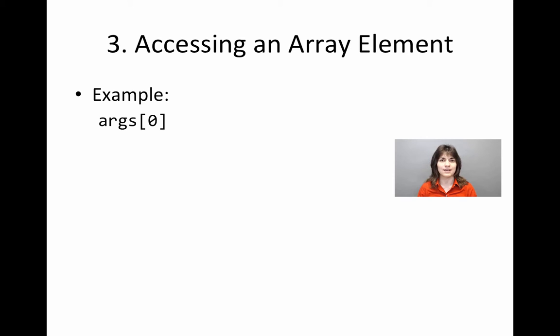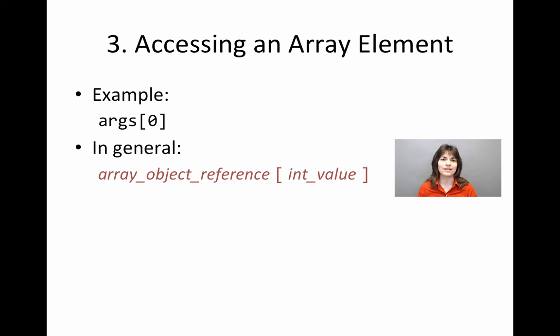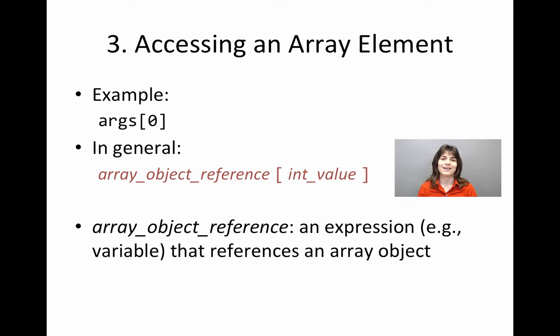Remember that in exactly the same way as with strings, indexing in arrays starts from 0. So the first element has index 0, the second element has index 1. In general, we use the array object reference and then the index of the element that we want to access. What is the array object reference?